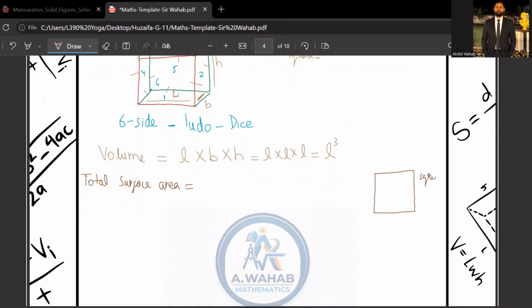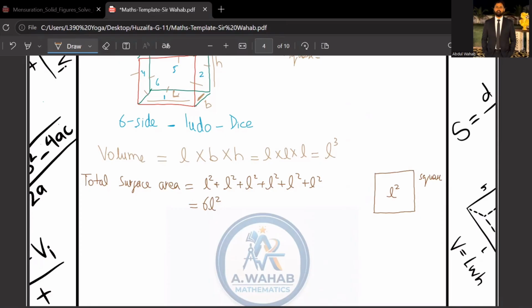And what is the formula for finding the area of the square? It's L square. So there are six sides, and all the six sides of the cube are the same. So L square plus L square plus L square plus L square plus L square plus L square. Basically, you can simply say 6L square is the formula for finding the total surface area of a cube.